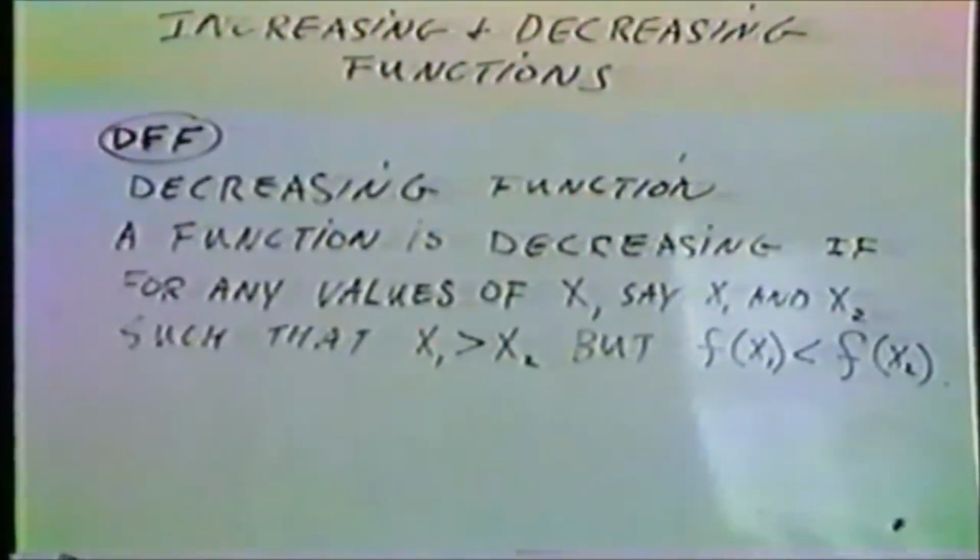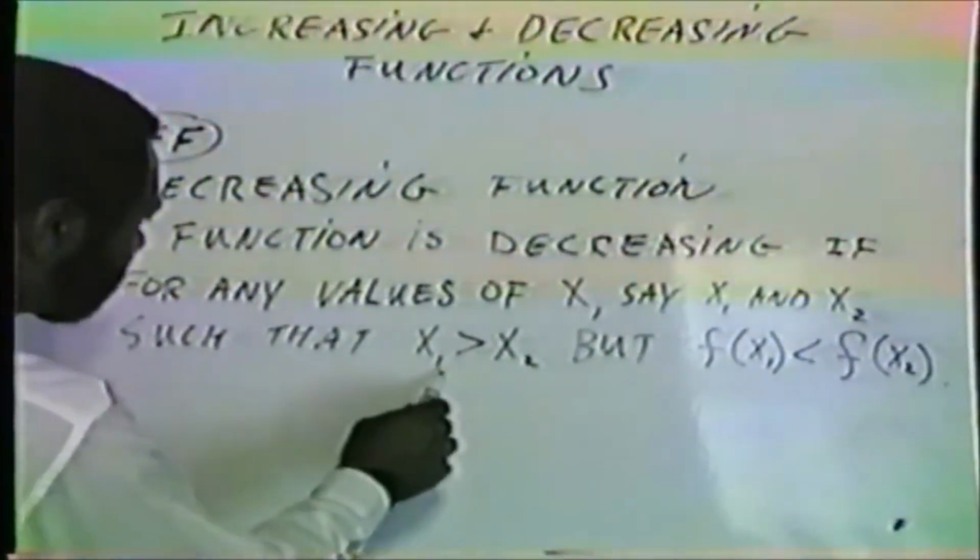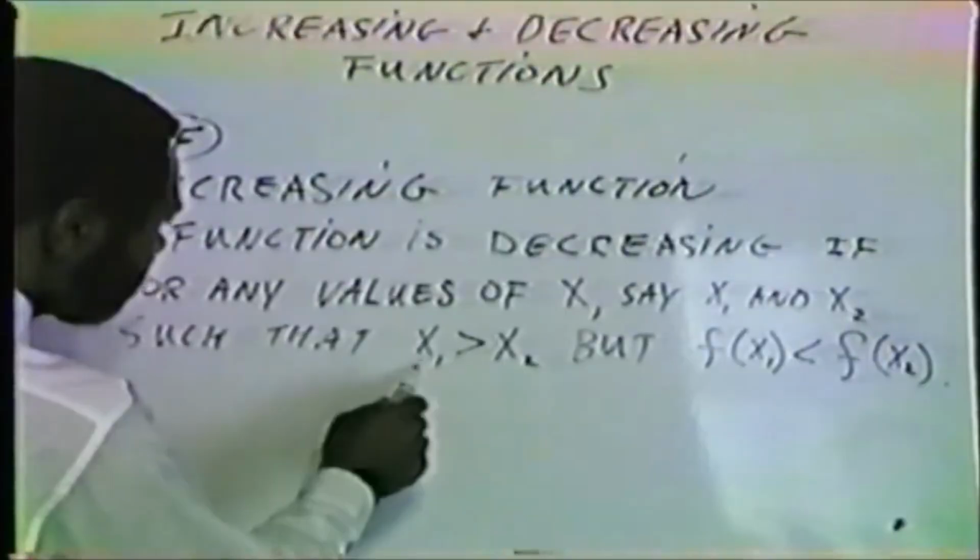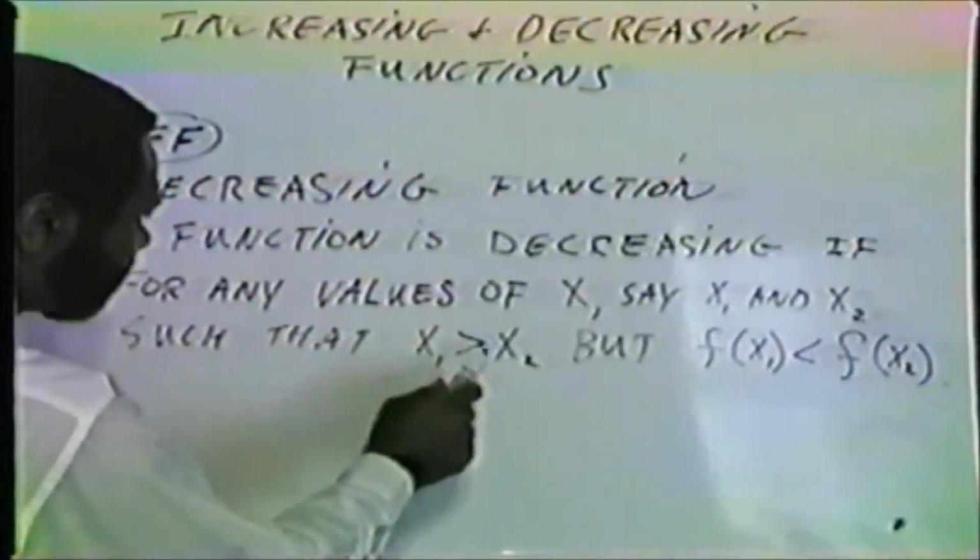Now, if you have a problem involving a function and you want to decide whether the function is increasing or decreasing, you have to choose your two numbers for x1 and x2 such that x1 is greater than x2.